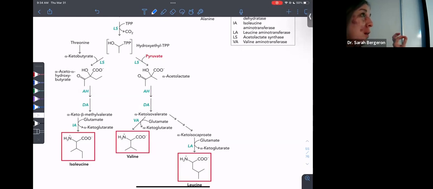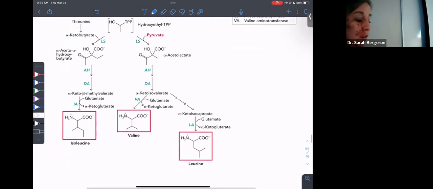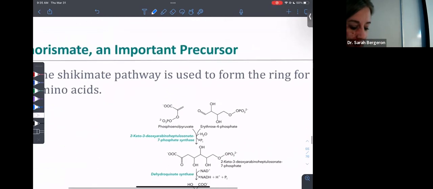The ones that have common structures come from common pathways. They share intermediates, coming from similar offshoots from glycolysis or whatever pathway it is. So valine shares its pathway with leucine and isoleucine. That's exactly right. So you can look for commonalities in these pathways.